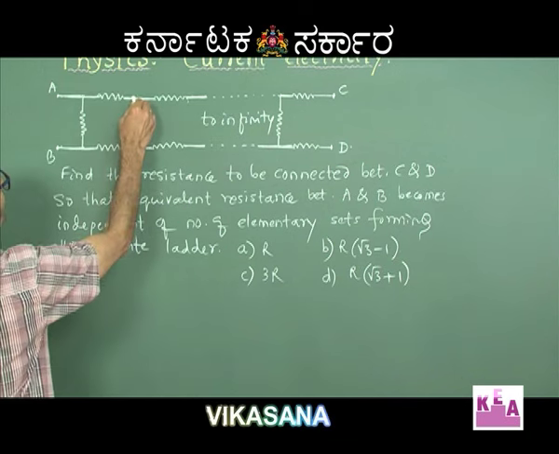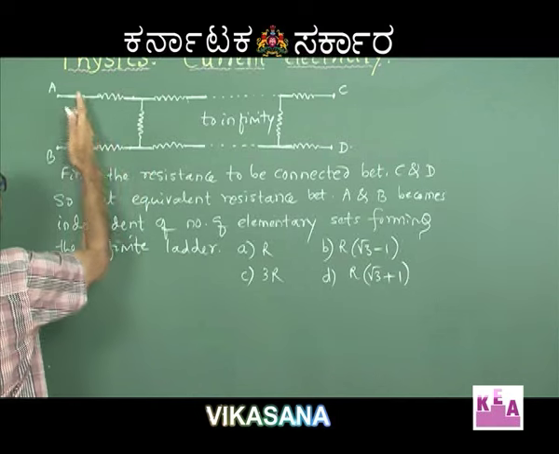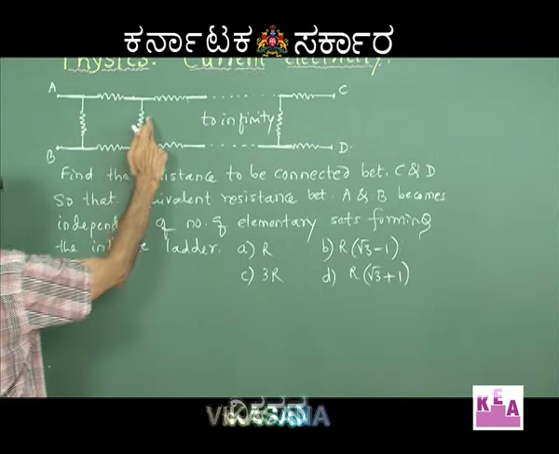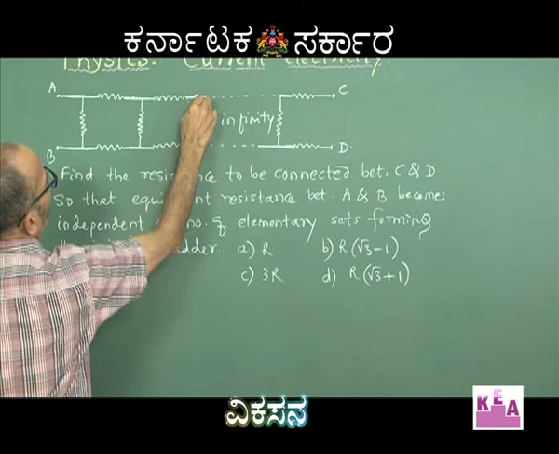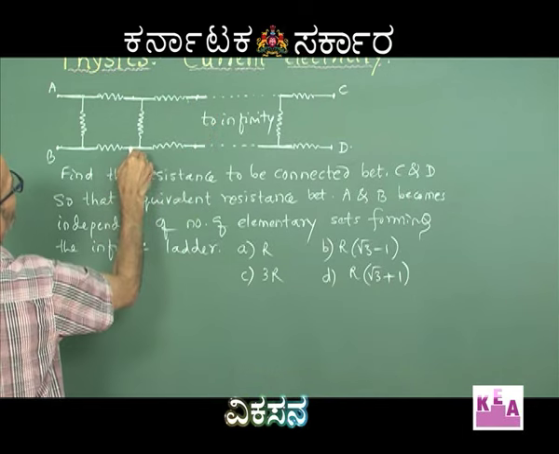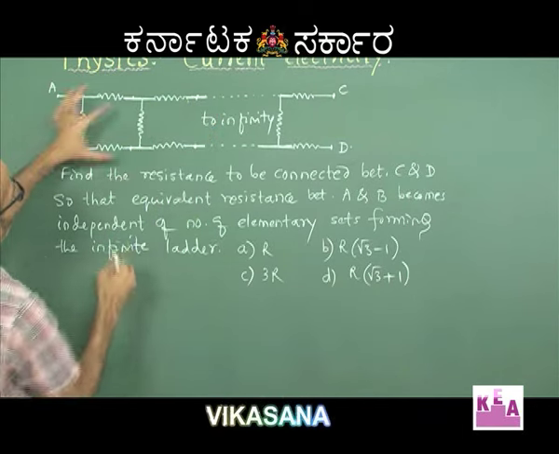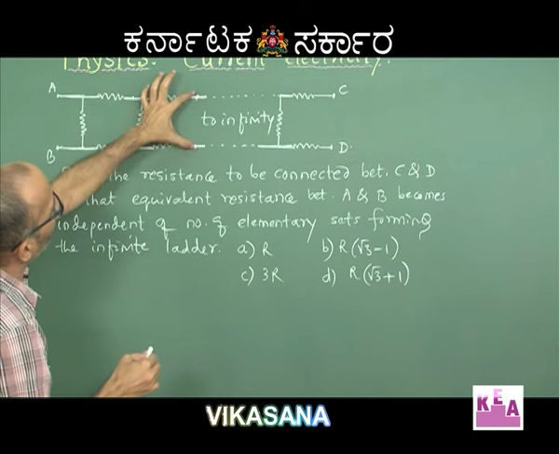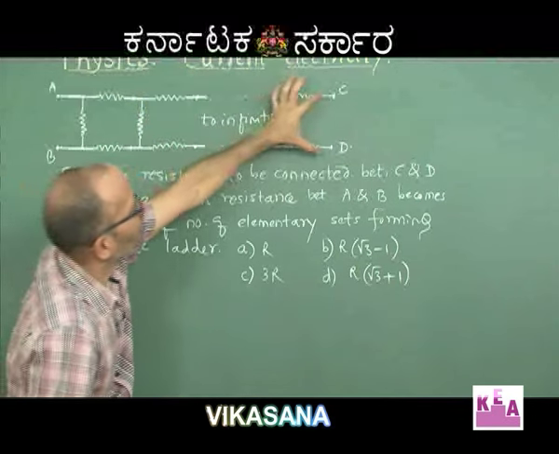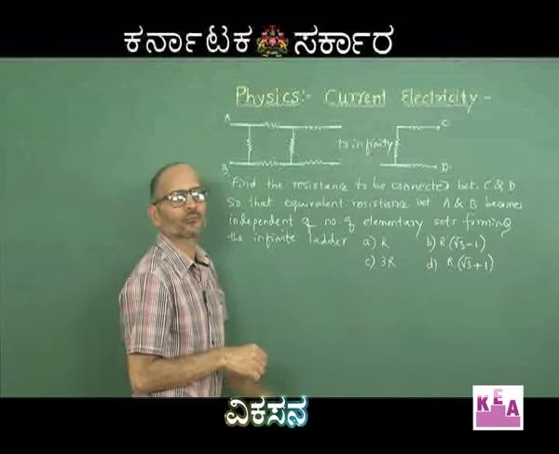So, whether I connect that X here after the first elementary set or I connect it here after the second elementary set, that is whether that X is connected between these 2 points or between these 2 points or it is connected here, it should not matter.